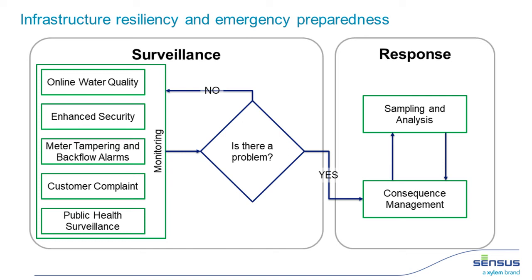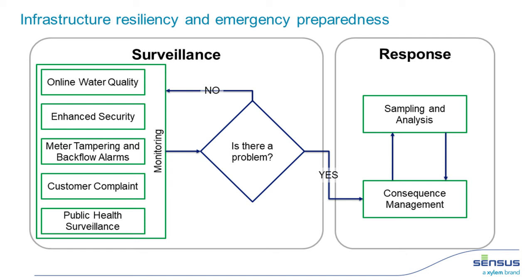And this is a framework that can actually help address some of the things that were covered in that AWIA work. But the thing I did want to highlight here is that AMI and the monitoring throughout the distribution system can really help with the surveillance side of the surveillance and response system. So it can help provide online water quality measurement.